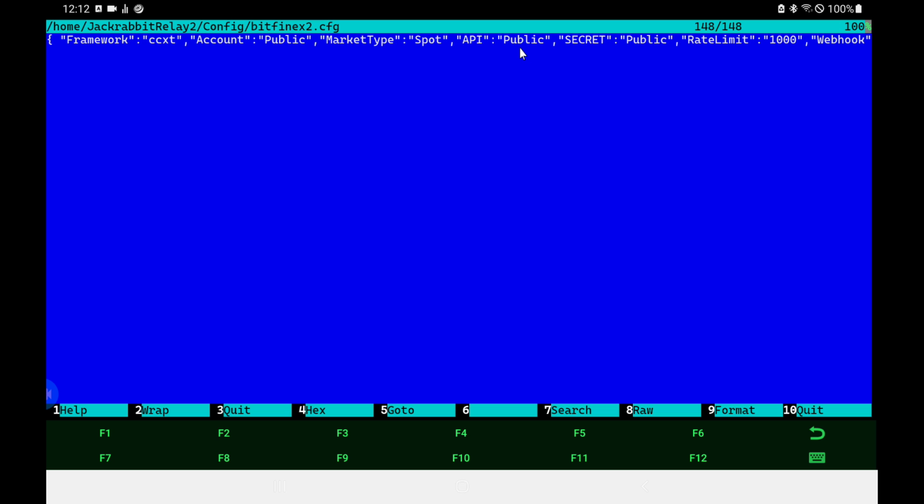This is how Jackrabbit Relay knows it's using the public reference, because these exist strictly for that purpose. Now, in all cases, public API accounts always have the account name public. This is done deliberately to make it easy to know and access the data that you are working with.